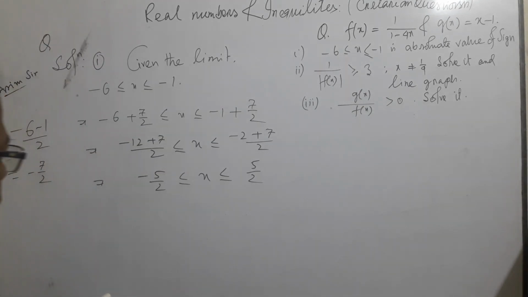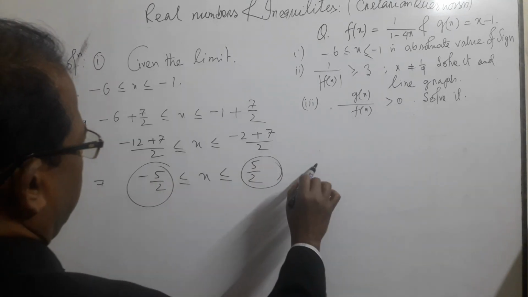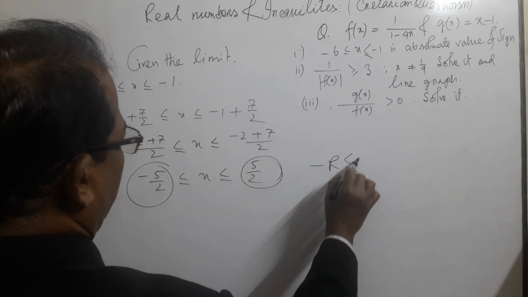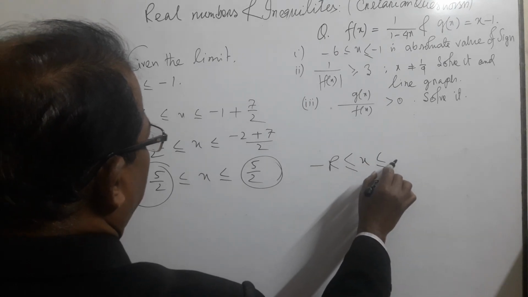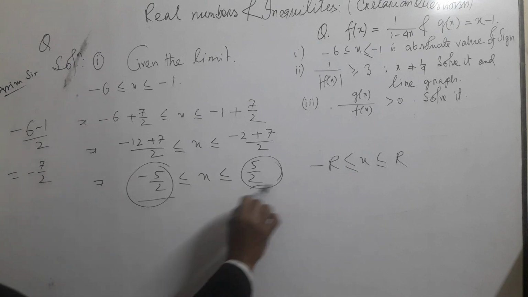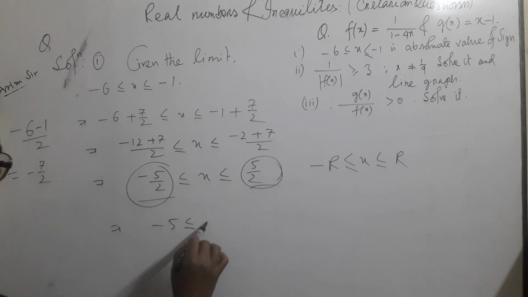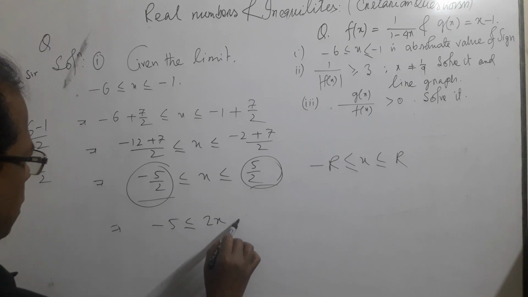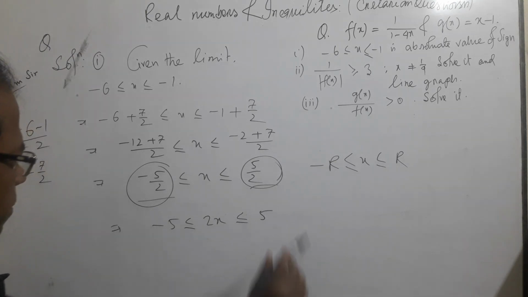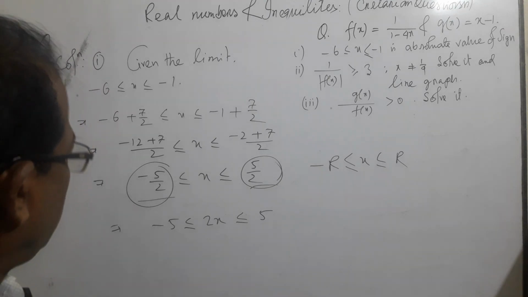So that's why the real numbers is the real numbers. So that's the formula, minus r plus x is less than plus r, it is the same way. So that's why minus 5 less than or equal to 2x less than or equal to 5.